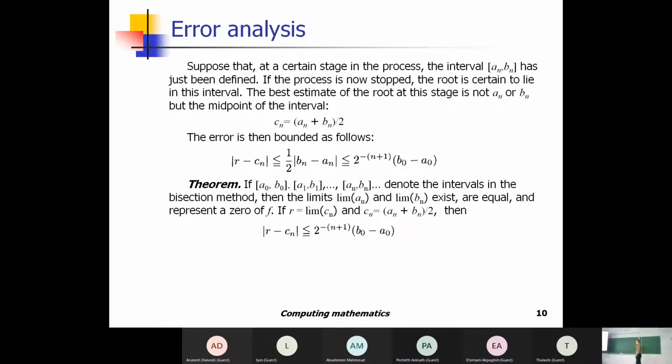How to find the error? It's the difference between these two values, R minus Cn. And this upper bound tells us that after n steps of the method, we will get an error smaller than this value.